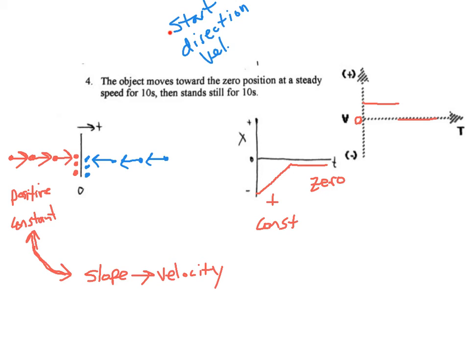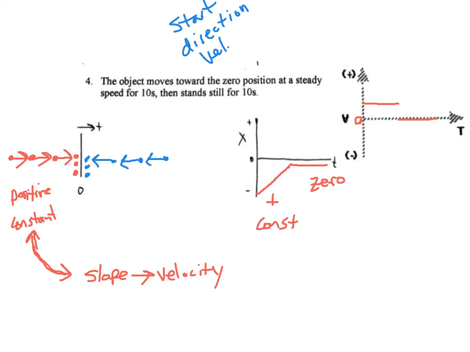It doesn't even tell us where it starts, just toward the 0. So we're missing a couple bits of information that we have to then fill in ourselves. So I hope what you're getting from this is that if you don't include all 3 of these bits, there's going to be more than one answer, and we don't want that. We want to describe the motion well enough that there's only one right answer.